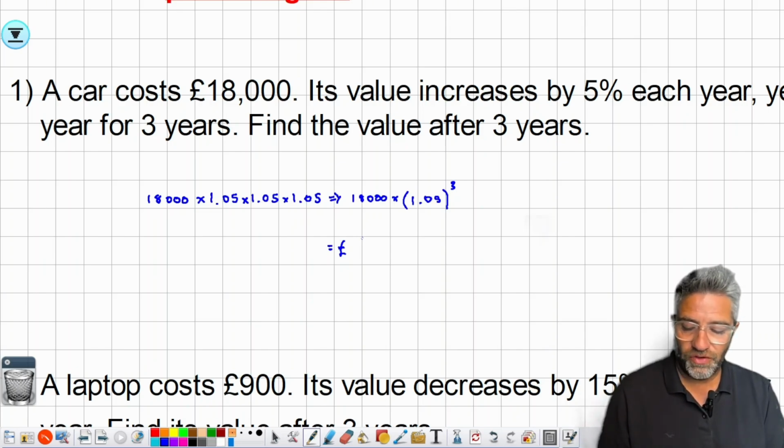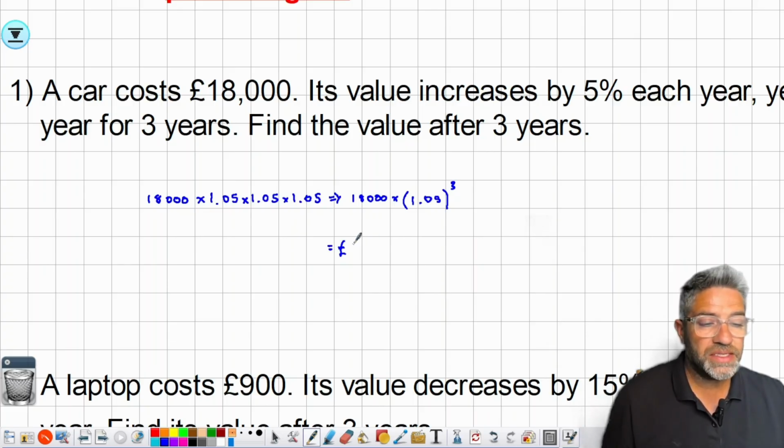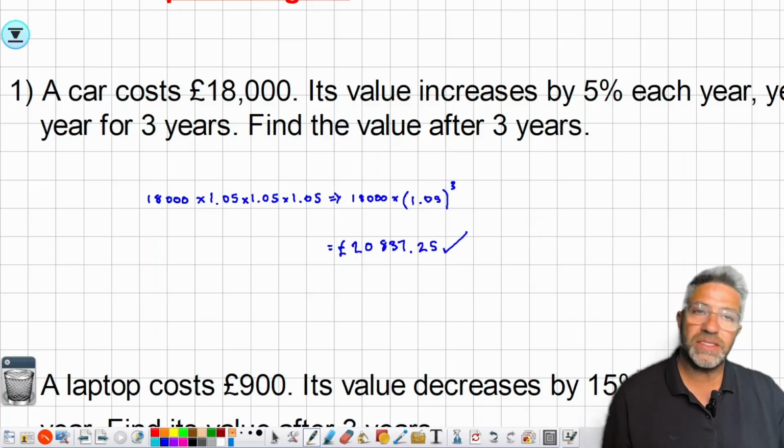Execute. I have to change the format of my answer to a decimal. I am getting 20,837 pounds. And what's quite nice about this answer, I don't have to worry about any rounding off, because the answer on my calculator display is already to 2 decimal places.